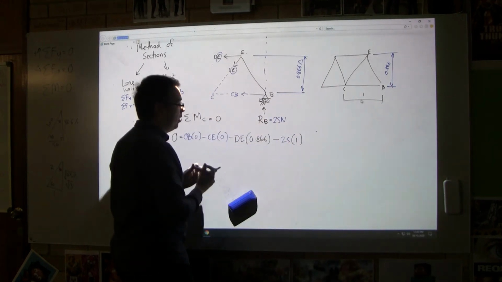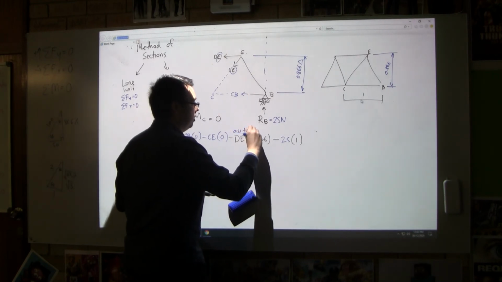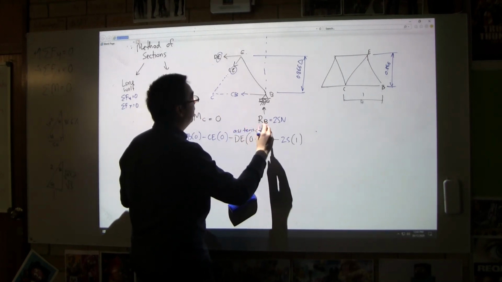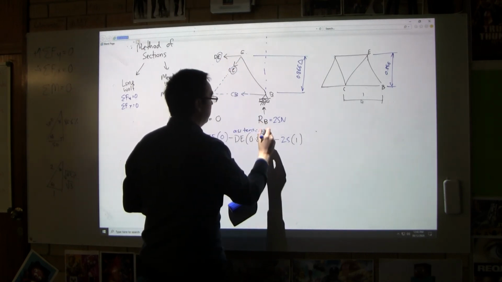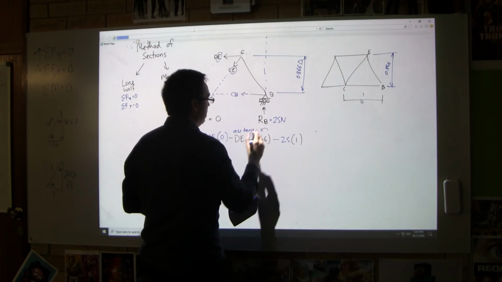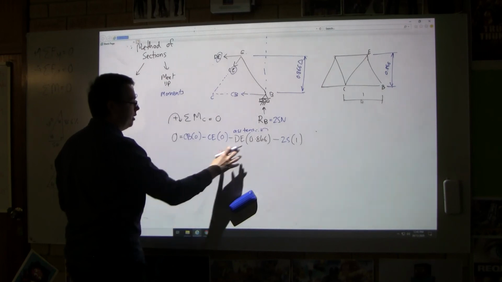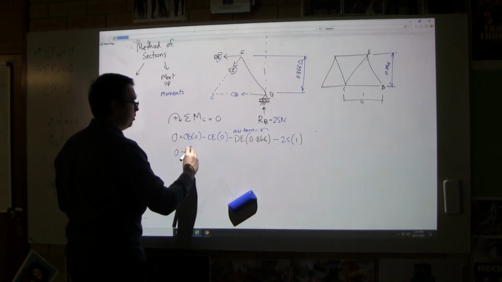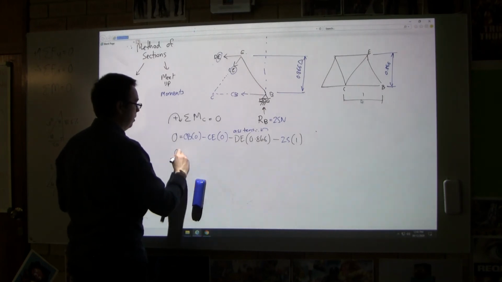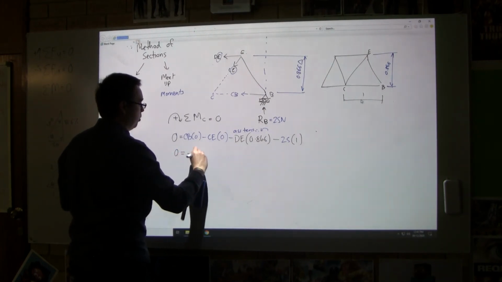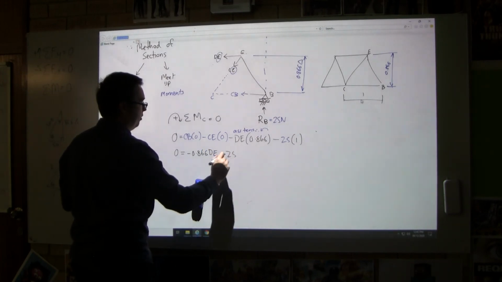Okay, so I'm going to write just above, I'm going to say assume tension, therefore, and where is it? Anti-clockwise. Okay. So, this cancels out, so this is going to be 0 equals minus DE, minus 0.866 DE minus 25, right?